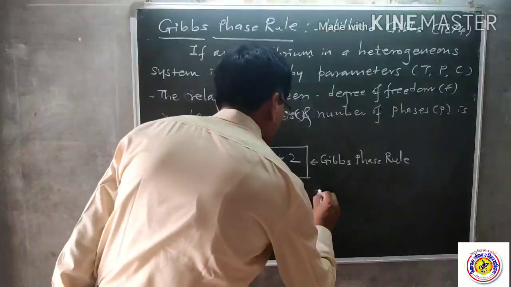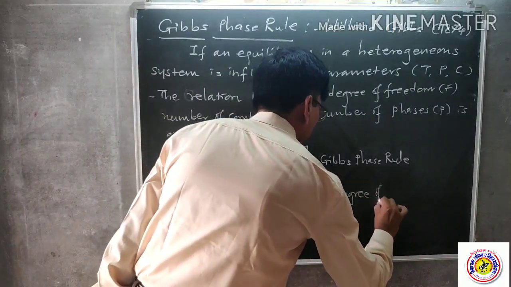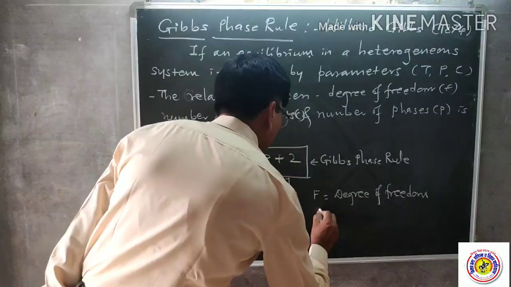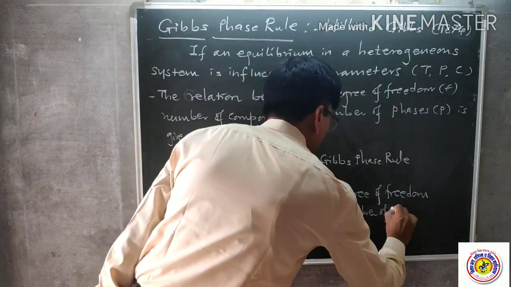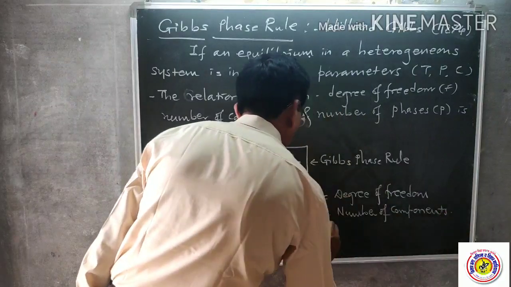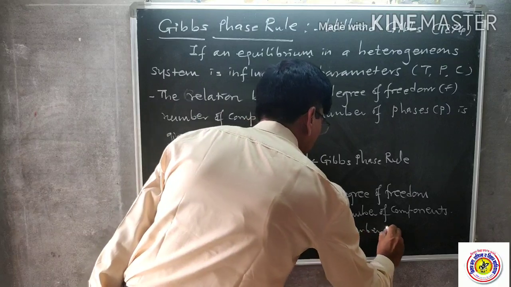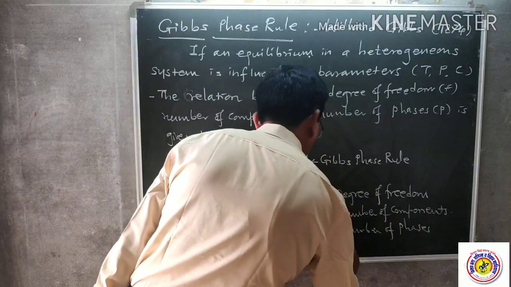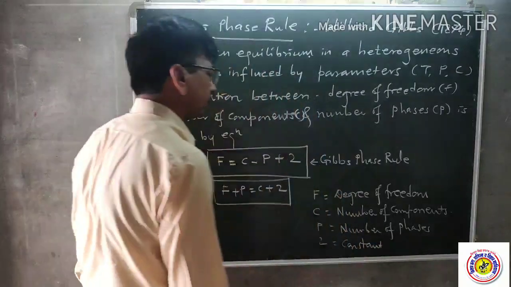Now, the terms are: F is the degree of freedom, C is the number of components, P is the number of phases, and 2 is a constant in the equation.